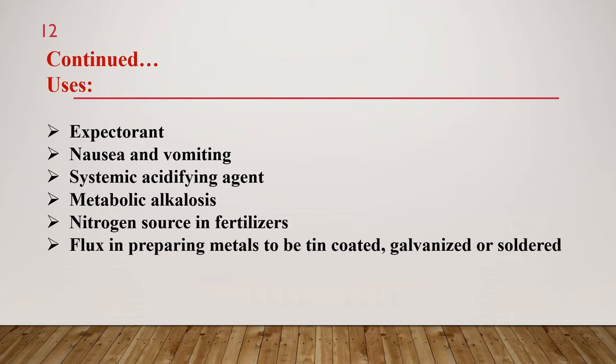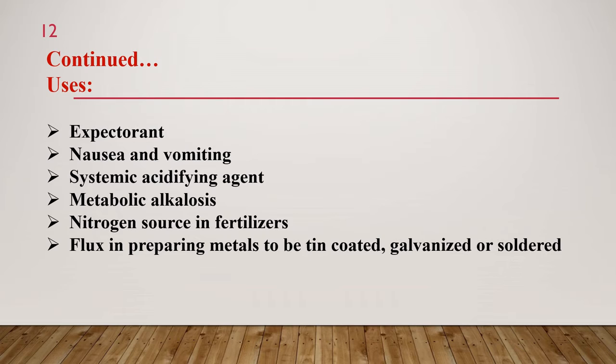Uses of ammonium chloride. Ammonium chloride is used as an expectorant in cough medicines. Its expectorant action is caused due to the irritation on the bronchial mucosa. Ammonium salts are an irritant to the gastric mucosa and they can act by inducing nausea and vomiting.